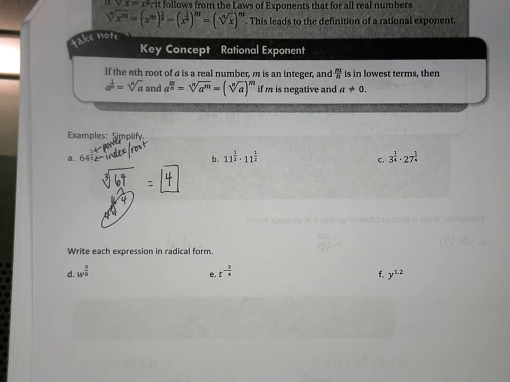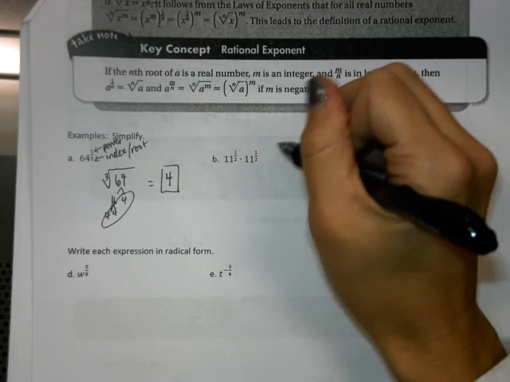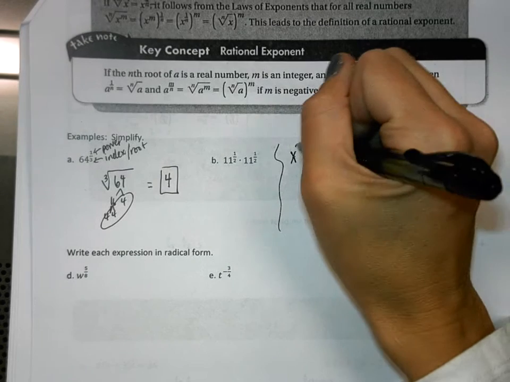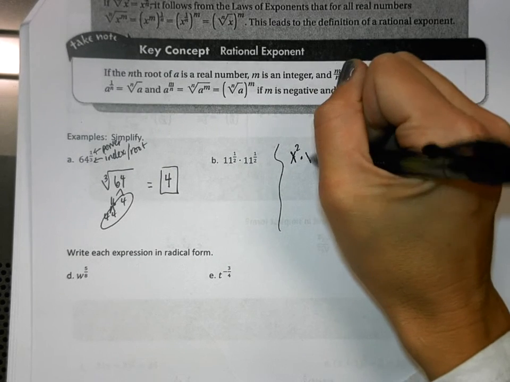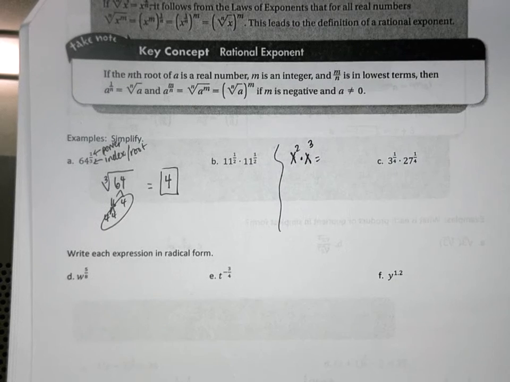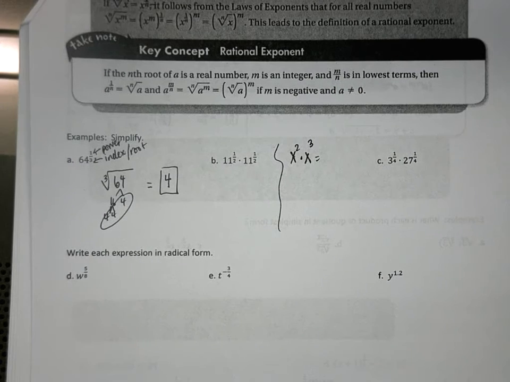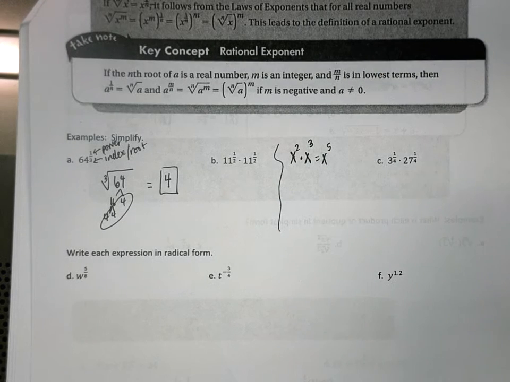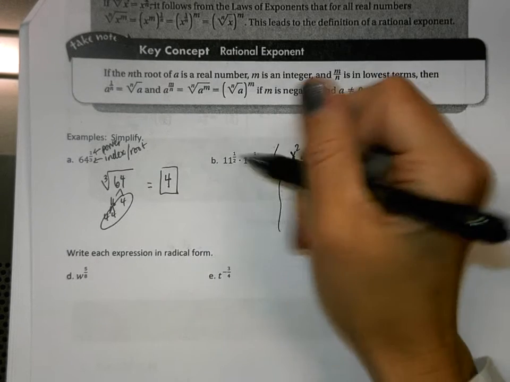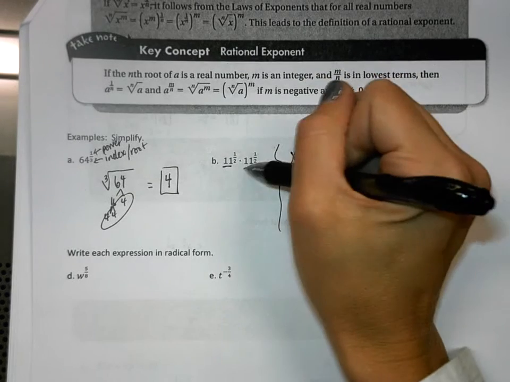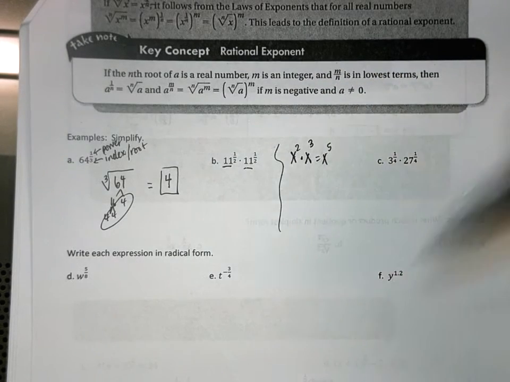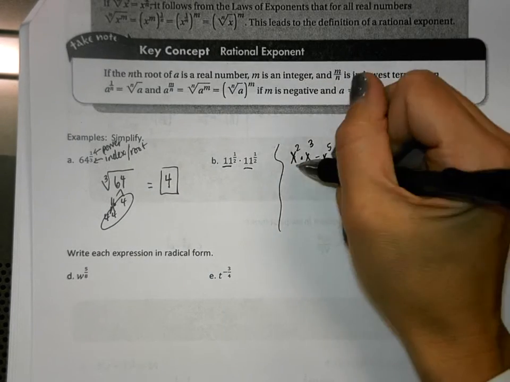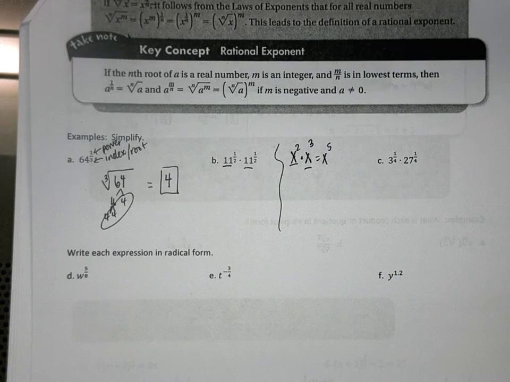Okay. As kind of a little side note here, if I have something like x to the second times x to the third, what does that end up becoming? X to the fifth. So what did you do with the 2 and 3? You added them. So here, do you see how these are both base 11s? And you can only add exponents if you have the same bases, just like here I had the base of x.